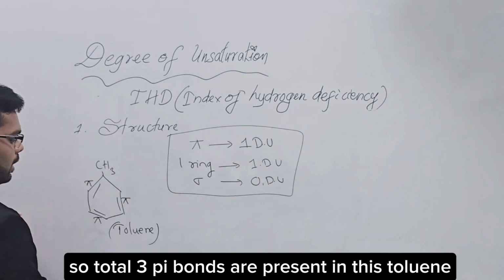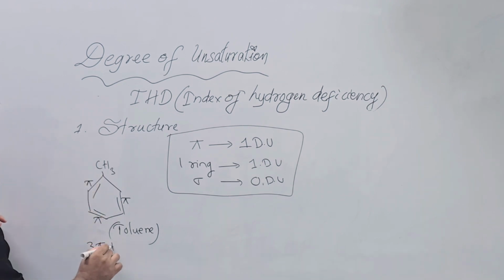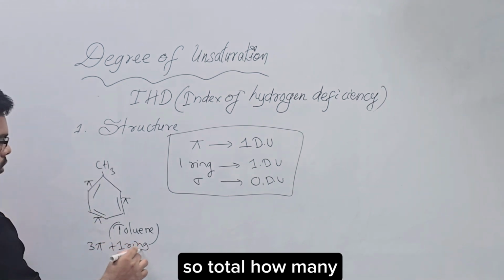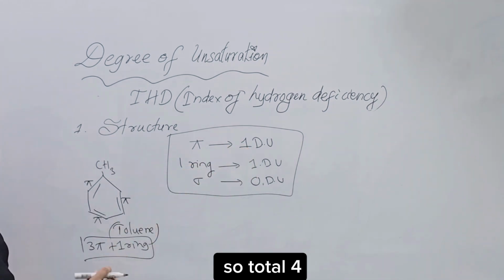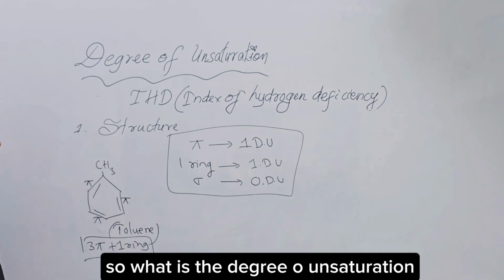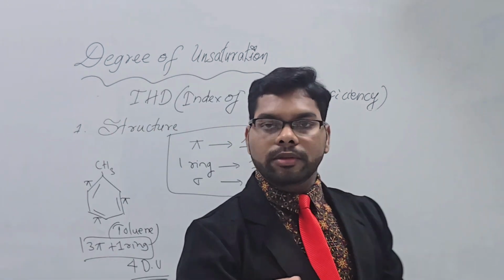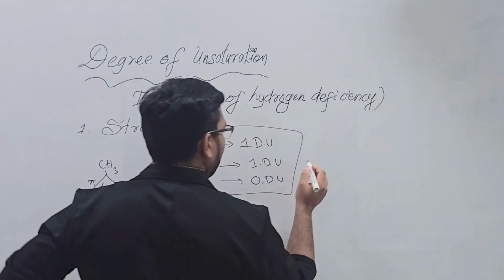So a total of 3 pi bonds are present in toluene plus 1 ring. So 3 for 3 DU and 1 ring for 1 DU, total 4 degrees of unsaturation. So the degree of unsaturation for toluene is 4.